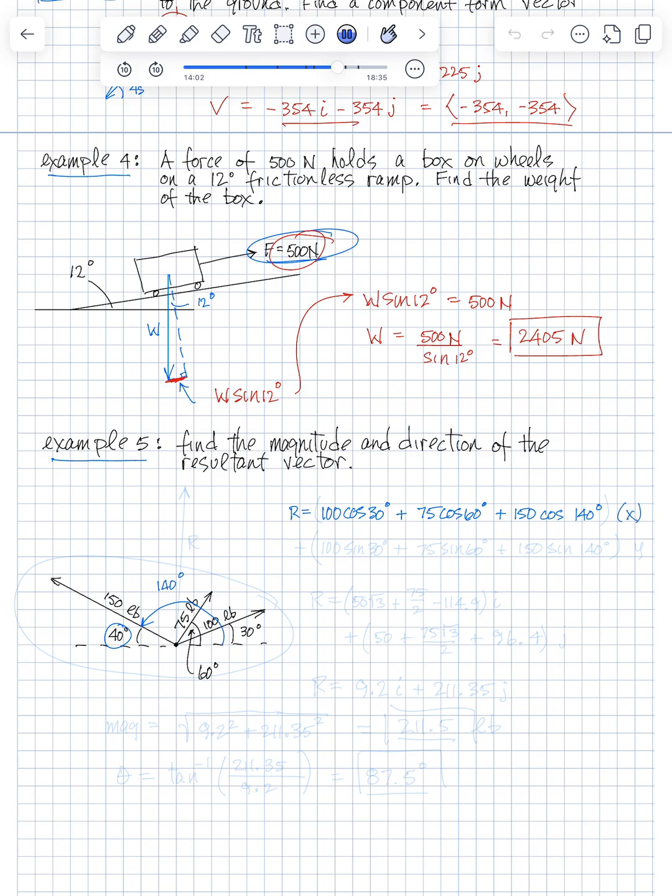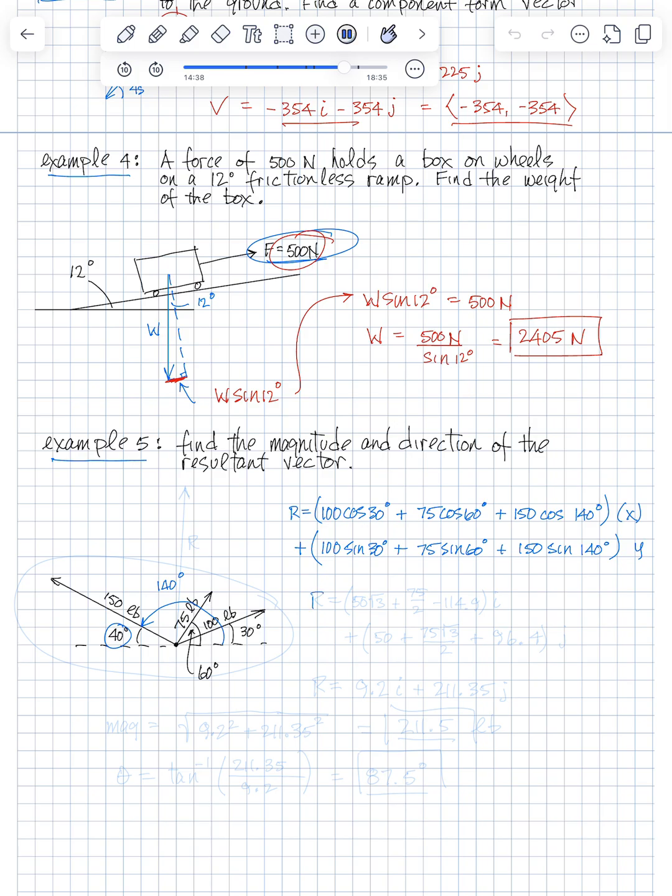And then the y components, it's going to be 100 sine 30 plus 75 sine 60 plus 150 sine of 140. And this is the y component. So we're going to add these up separately.